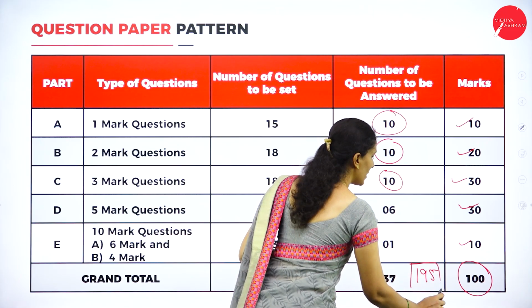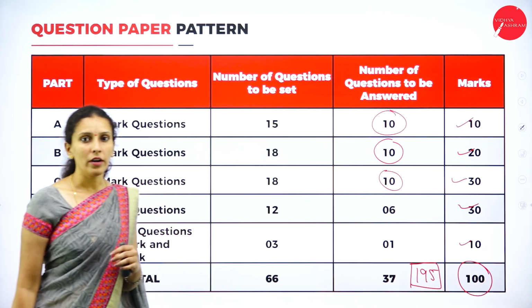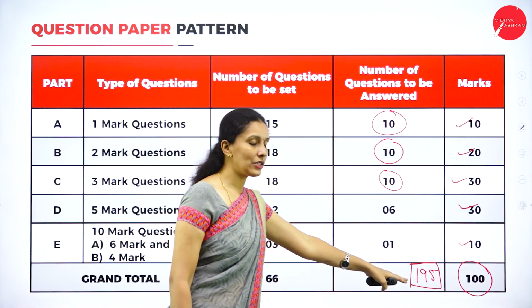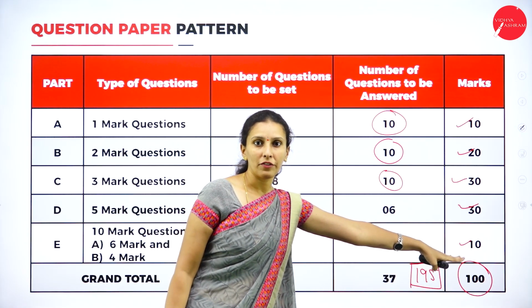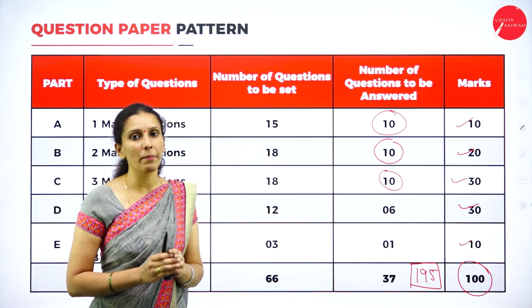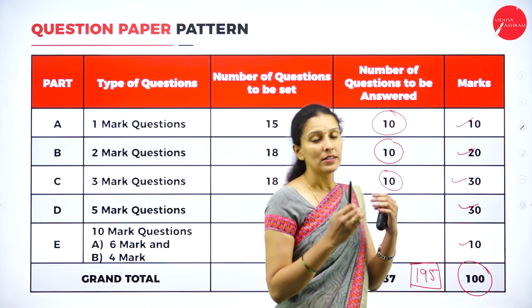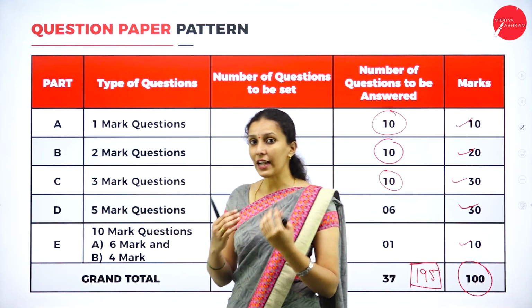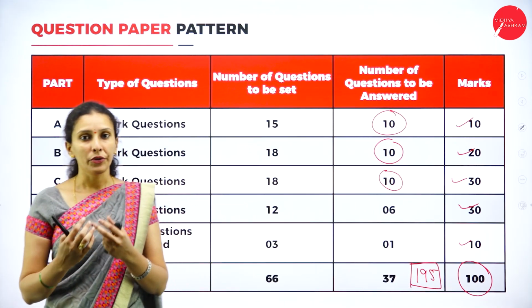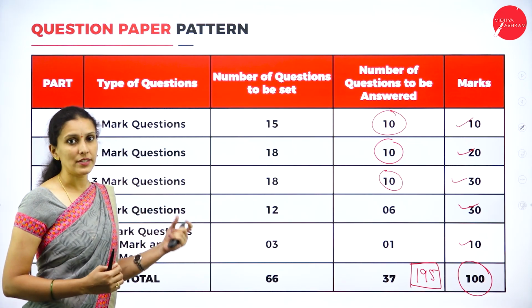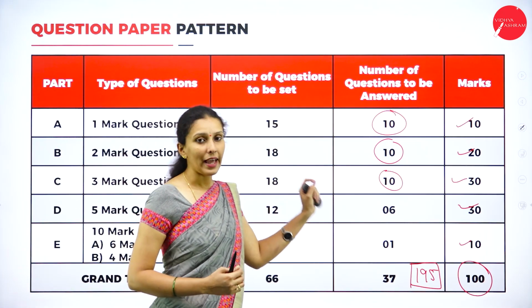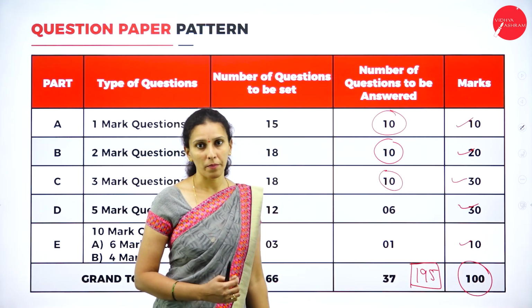Your question paper is set for maximum marks of 195, and you have to write it for 100. So you have the maximum number of choices this year. So study carefully, select the questions from whichever content is easier for you, attend each and every section and gain more marks.